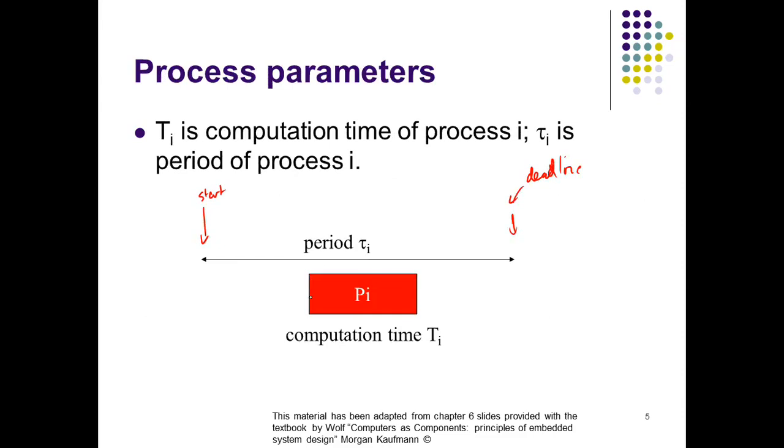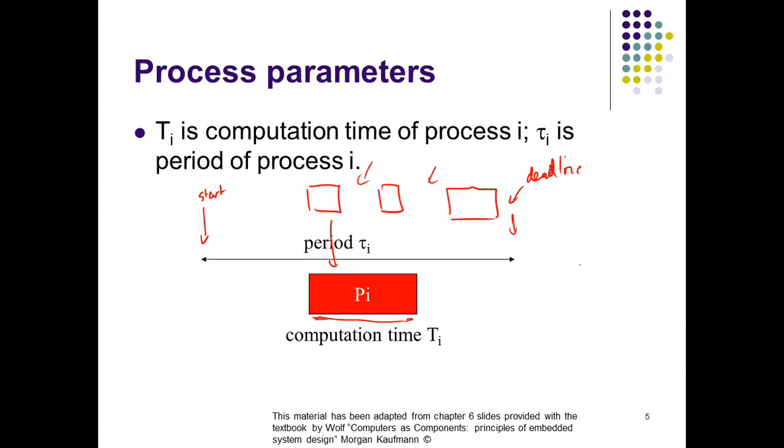It needs a certain amount of computation time, which is modeled by this block here. So note that the computation time that it needs should be less than the period where it can run. Because in practice, what's going to happen is that this block of computation time is going to be broken up into multiple blocks because other processes are going to run in the interim.